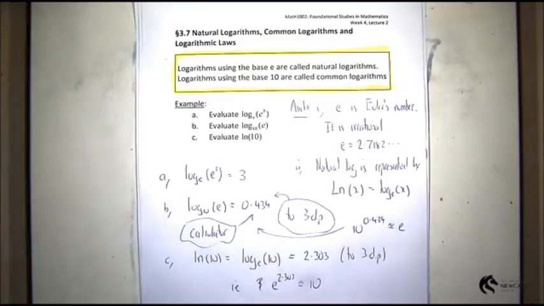What's the long-term behaviour? What happens as x goes towards infinity? Think about it. The log of 1 is 0. The log of 10, what power must 10 be raised to give 10? 1. What power must 10 be raised to give 100? 2. What power must 10 be raised to give 1,000? 3.